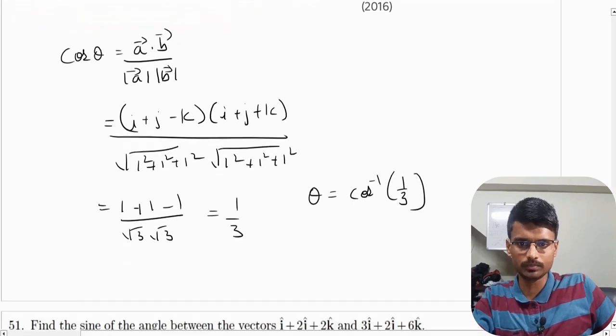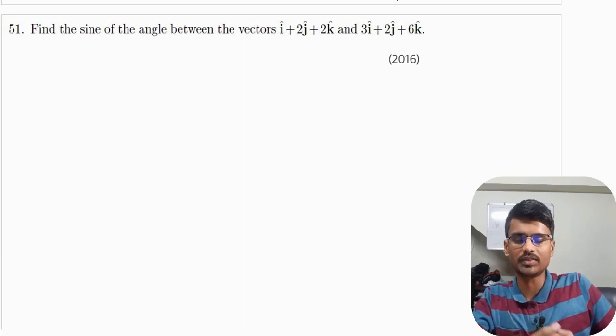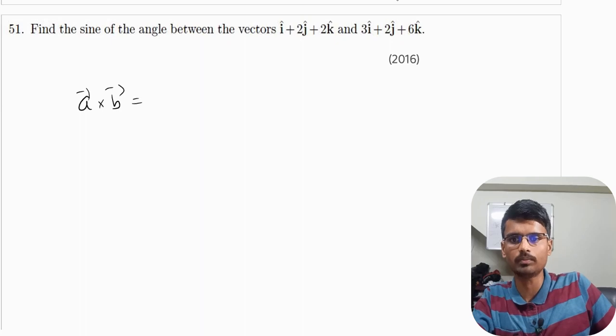Moving on, find the sine of the angle between them. Sine is something which comes in the formula of cross product. So A cross B is equal to mod A mod B sine theta n cap.